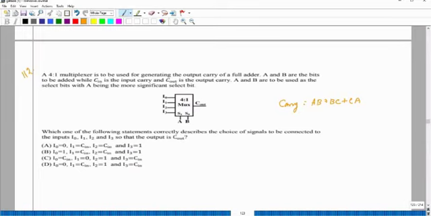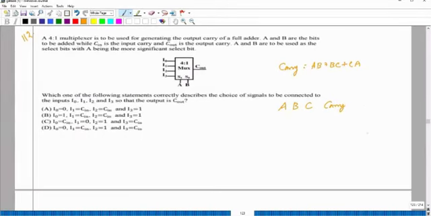So first we will write the truth table for the full adder. What is 0, 0, 0? 0, 0, 0 means carry 0. 0, 0, 1 means carry 0. 0, 1, 0 means carry 0. 0, 1, 1 means carry 1. 1, 0, 0 means carry 0. 1, 0, 1 means carry 1. 1, 1, 0 means carry 1.